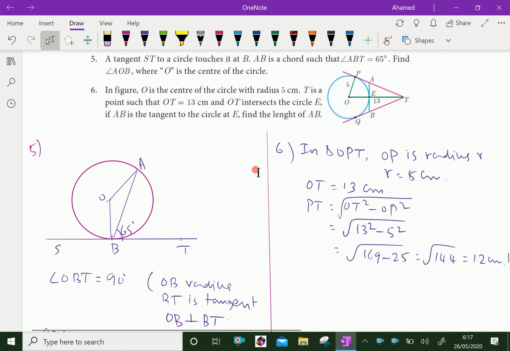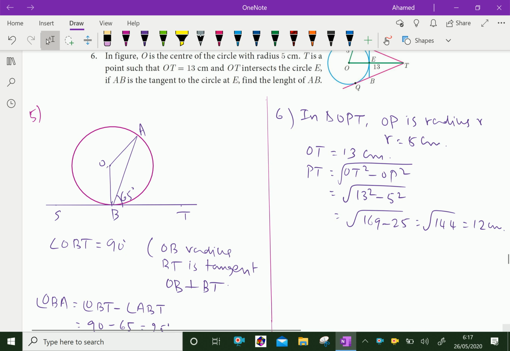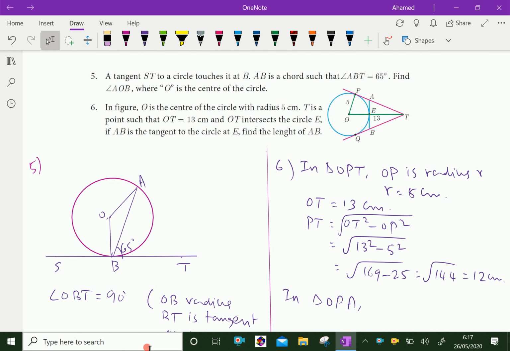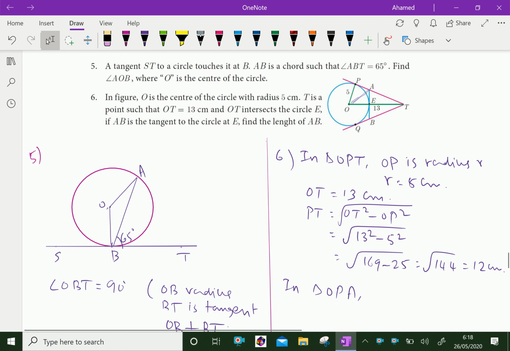Now in triangle OPA, angle at point P is 90 degrees.